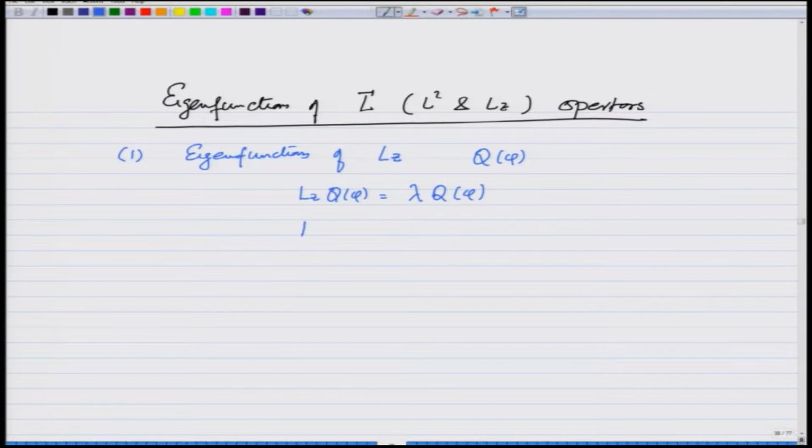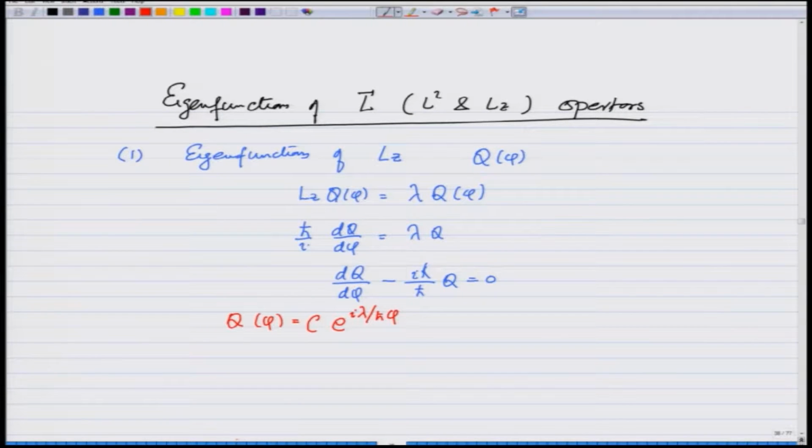This is h cross over i dQ over d phi equals lambda Q, and therefore dQ over d phi minus i lambda over h cross Q equals 0. The solution for this is very simple: Q(phi) is e raised to i lambda over h cross phi, with some constant in front, the normalization constant.